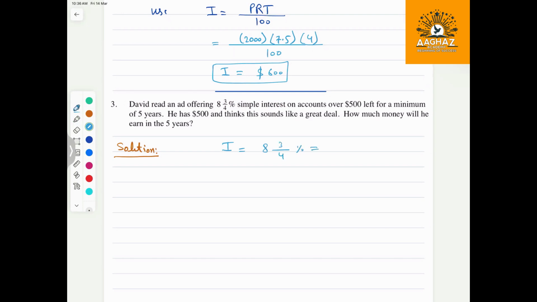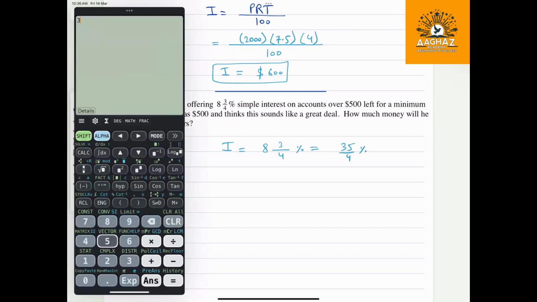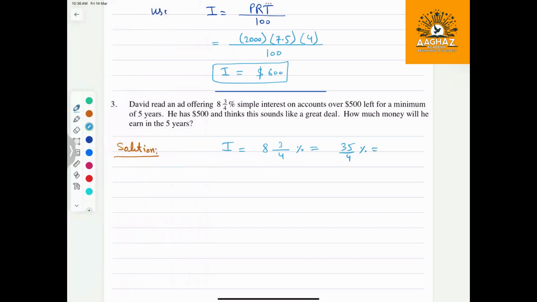And I can convert it into an improper fraction. 4 multiplied by 8 is 32, and then 3 will be added. So 35 over 4%. And what will be the value in decimal form? 8.75 percent.